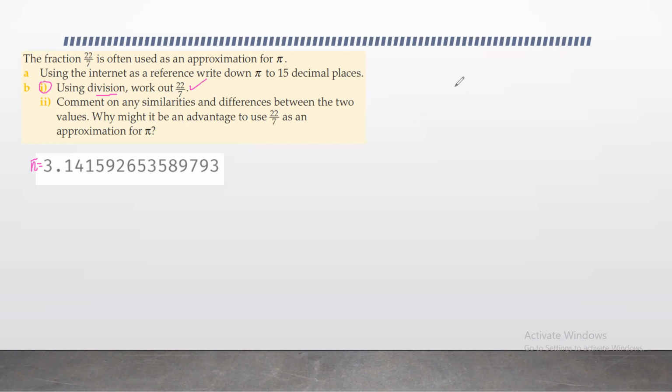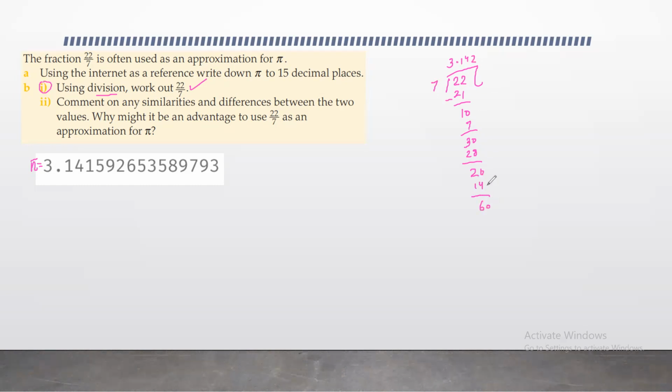So if I check carefully, 22 divided by 7 gives me what? So look, by long division, 7 threes are 21, and we have one left, so put a point here so that we can write 0. 7 ones are 7, we have 3 left, put 0. 7 fours are 28, we have 2 left, so we can put again 0 so that we can continue. 7 twos are 14.